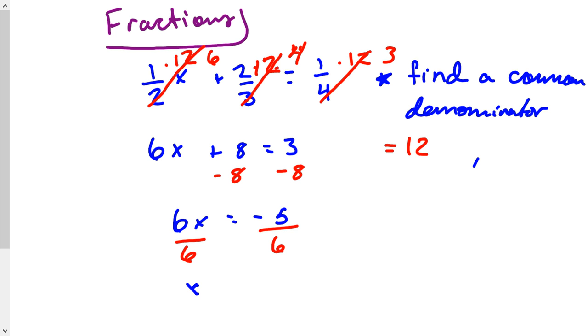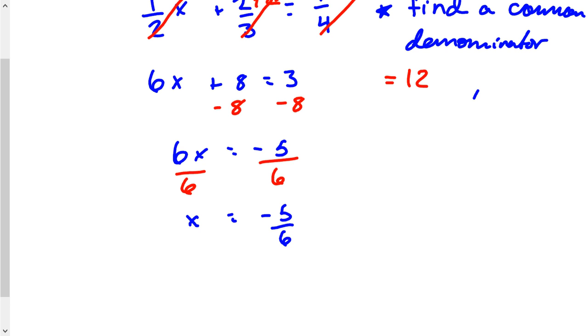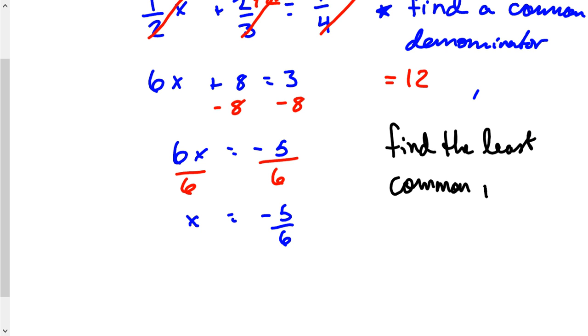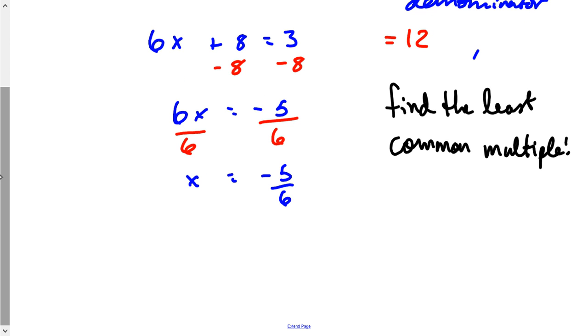So we're left with x is equal to negative 5 over 6. Okay, so that's eliminating fractions. The main thing is to find a common denominator, or the least common multiple. And that'll make it really, really easy to get rid of that denominator.